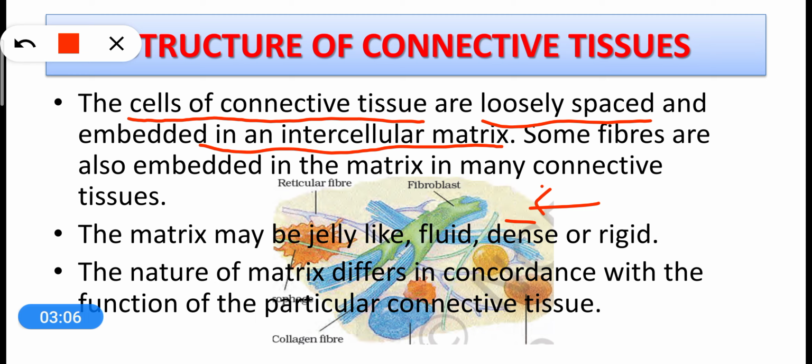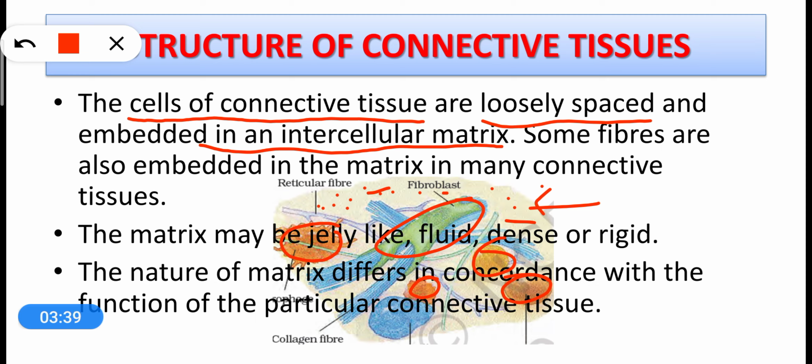Here you can see this greenish portion. This greenish portion is actually a background substance, and it is called an intercellular matrix. In this matrix, many cells are embedded, but the cells are far apart from each other, means they are loosely spaced. So this is the important feature of all connective tissues, that they have cells loosely embedded in an intercellular matrix.